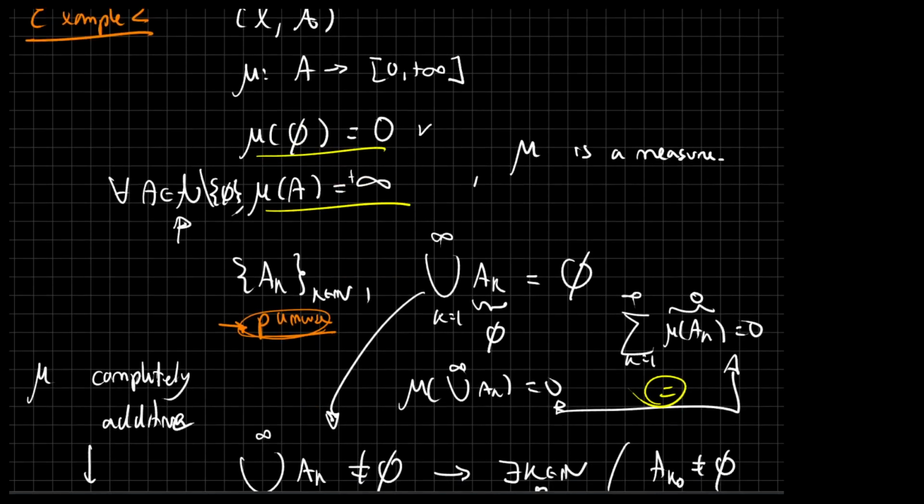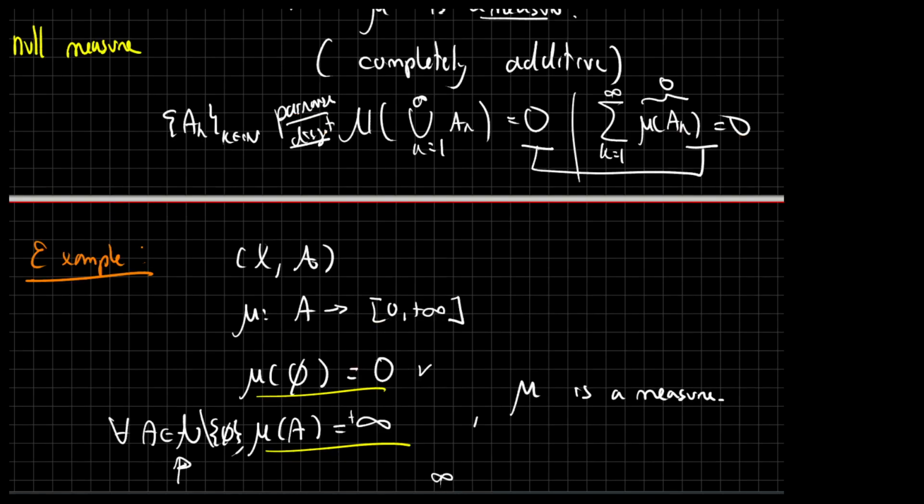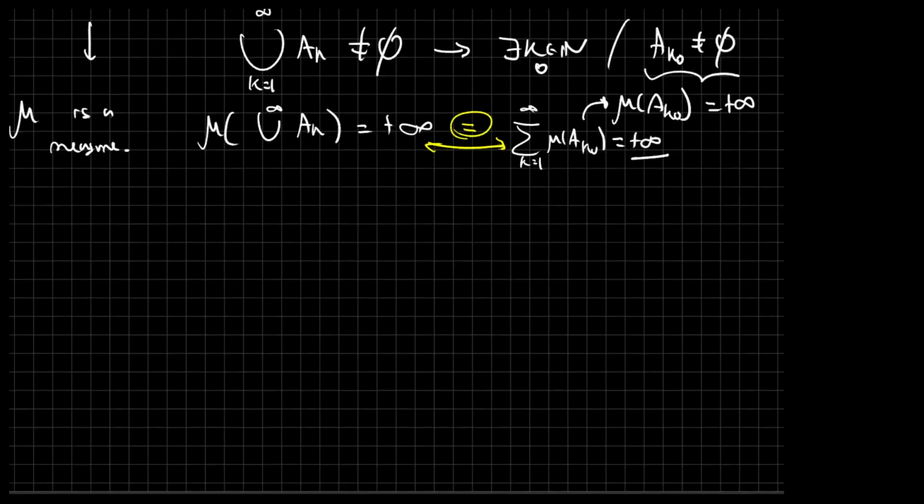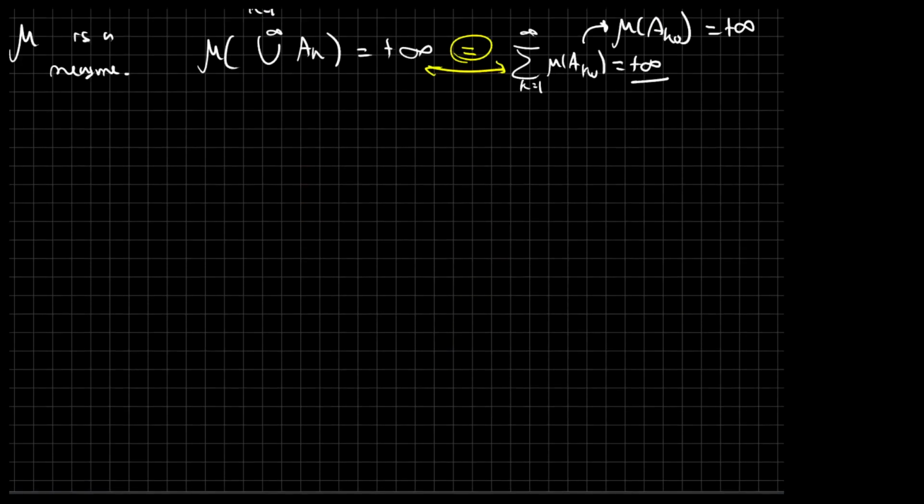So this is example 3, our third example of somehow trivial measure. Now, moving on. There's another example of a measure that you can check on your own.